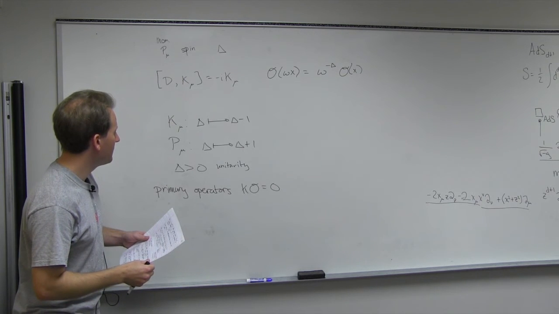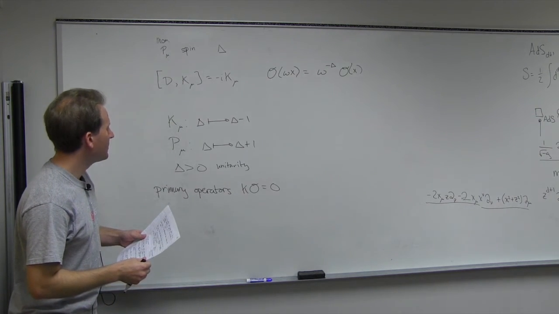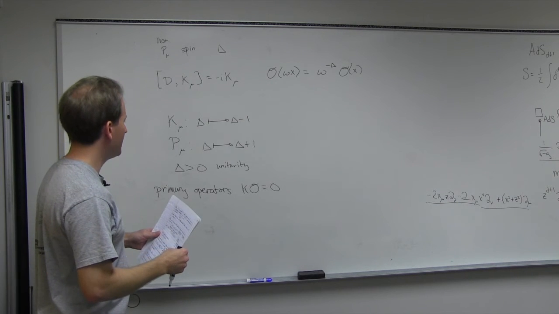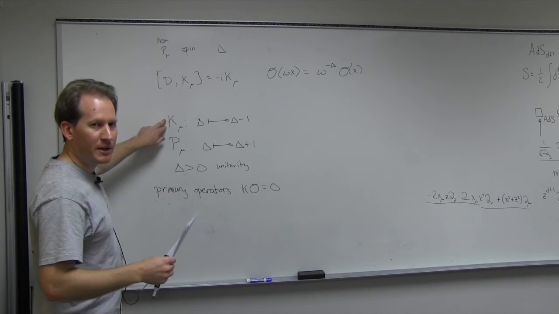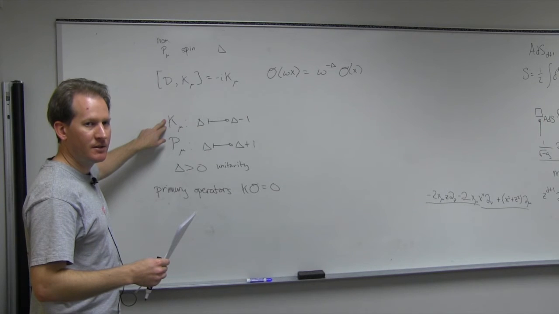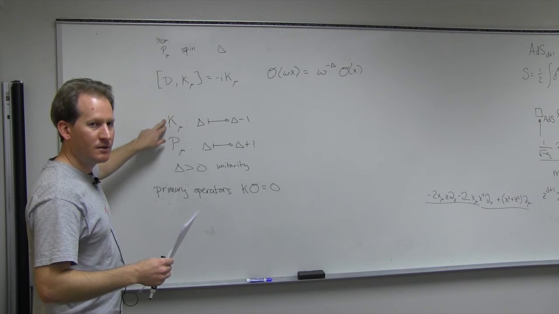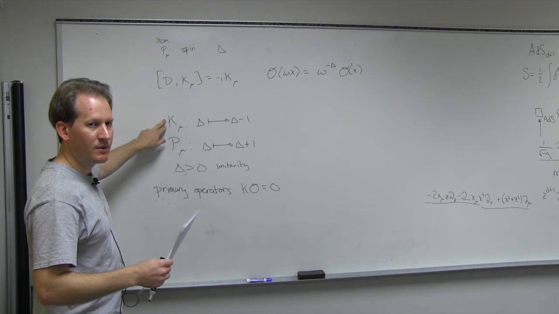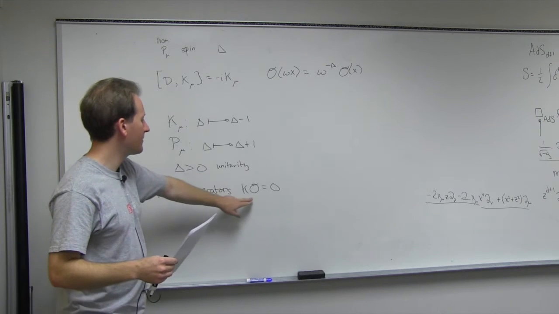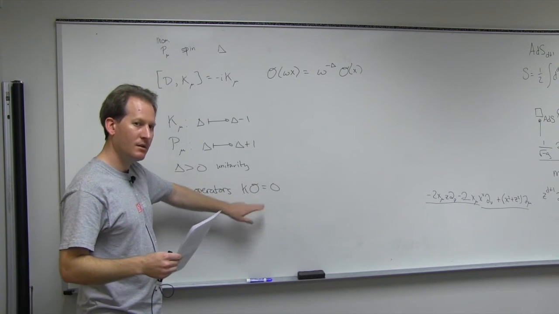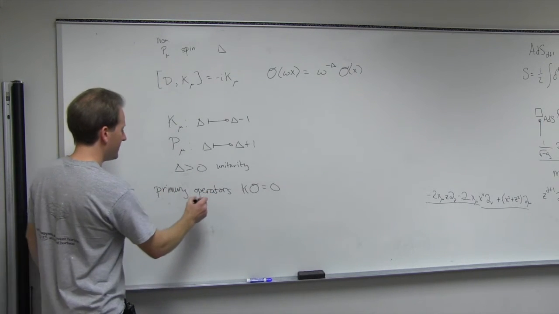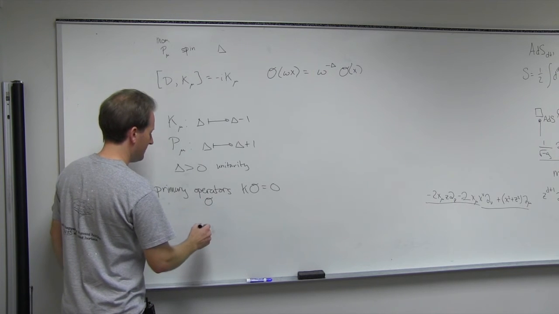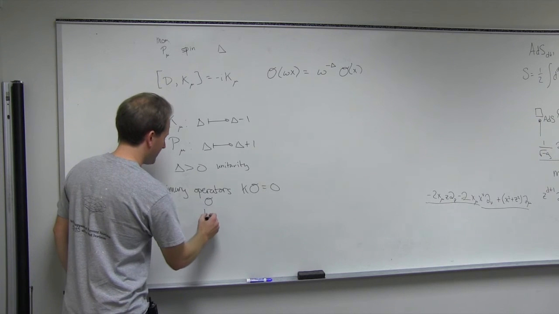Doesn't that mean D on the operator equals 0? I thought delta was the eigenvalue of D. Delta is the eigenvalue of D. K is the lowering operator for delta. But that's not the lowest state then. No, this is the state that's then annihilated. So O is a primary operator, or its corresponding state.